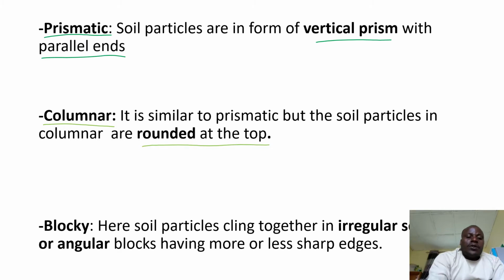Then we have block structure. Here the soil particles cling together in irregular shape or angular blocks. They are angular blocks having more or less sharp edges.